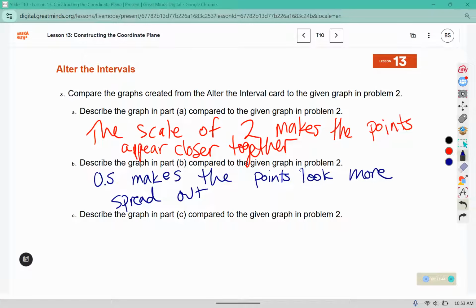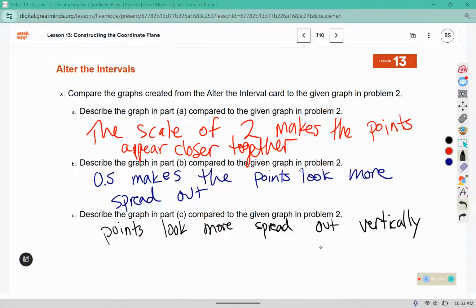In C, when we use both 2 and 0.5, they look more spread out vertically, but closer together horizontally.